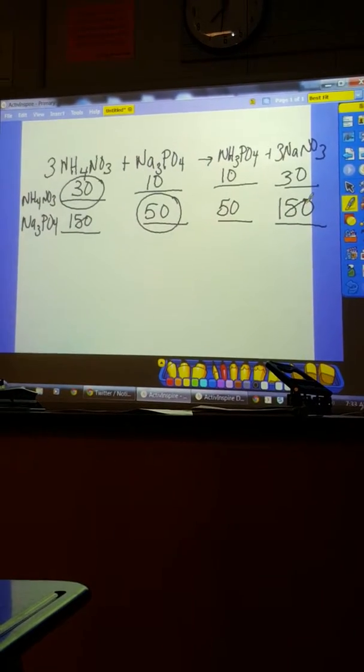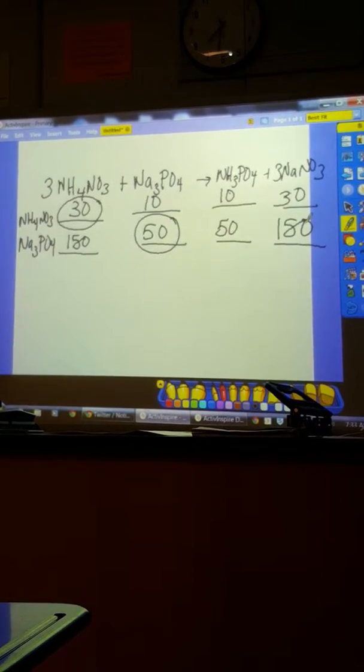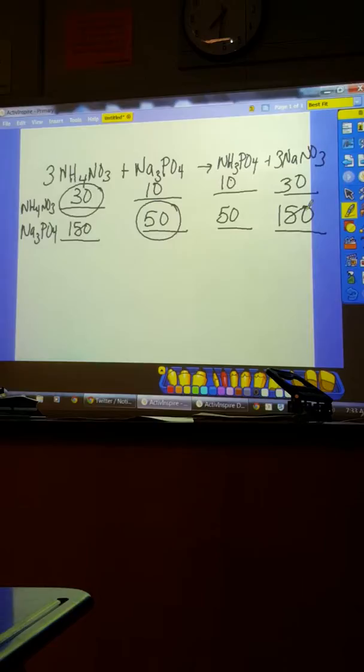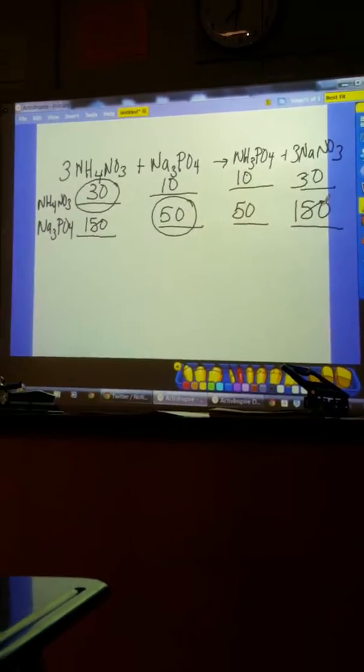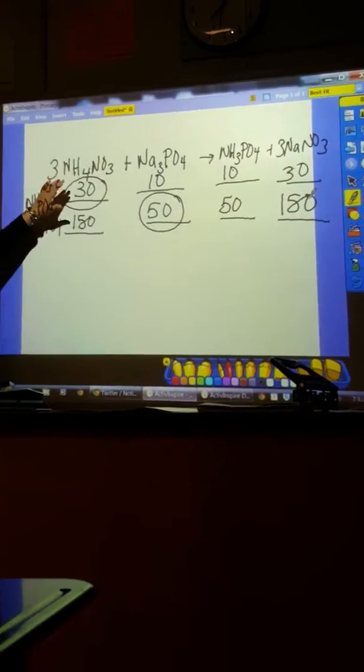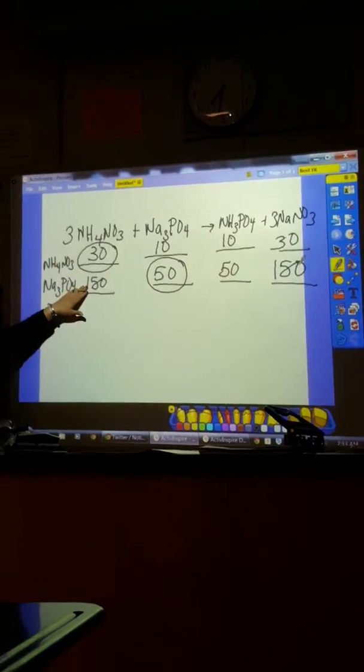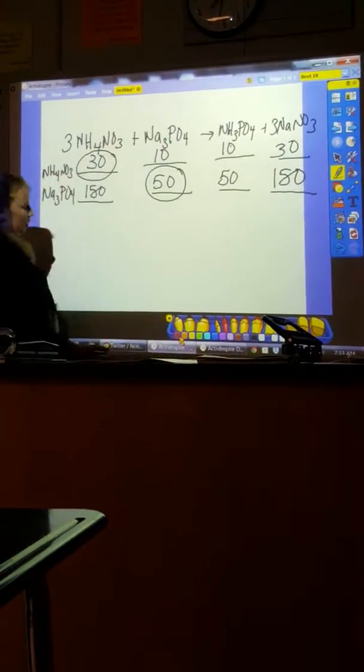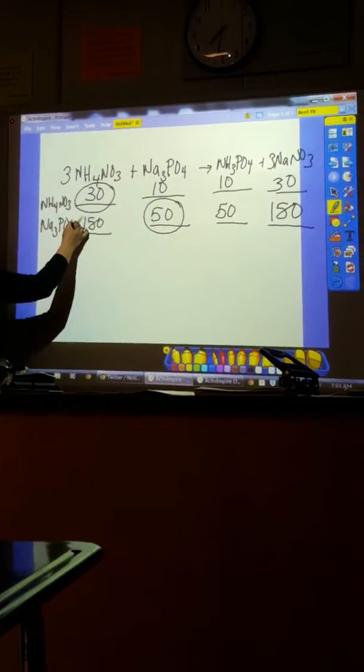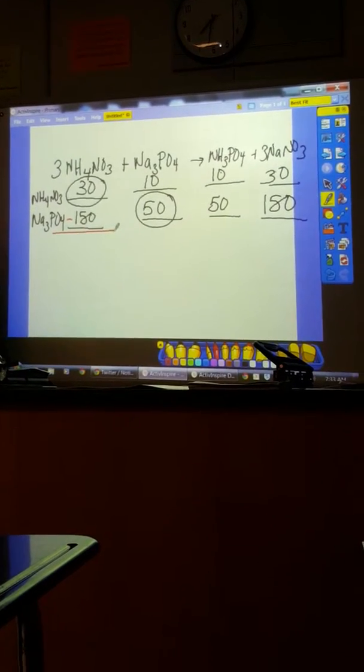That's the first thing you do. Fill in the table. Second thing you need to do is figure out which is limiting and which is excess. So take what you started with and subtract what you used. We've got 30 minus 150 gives us what?